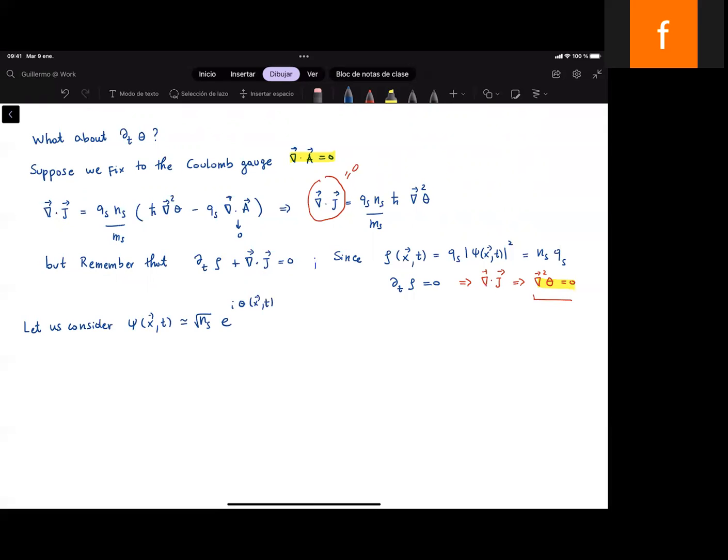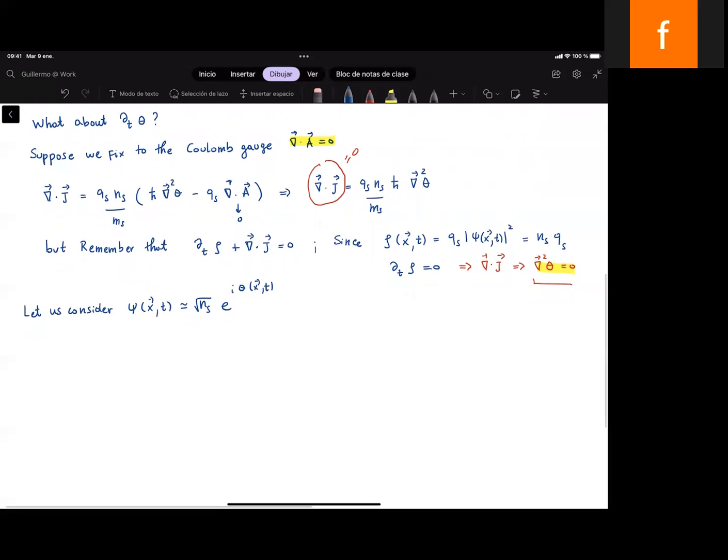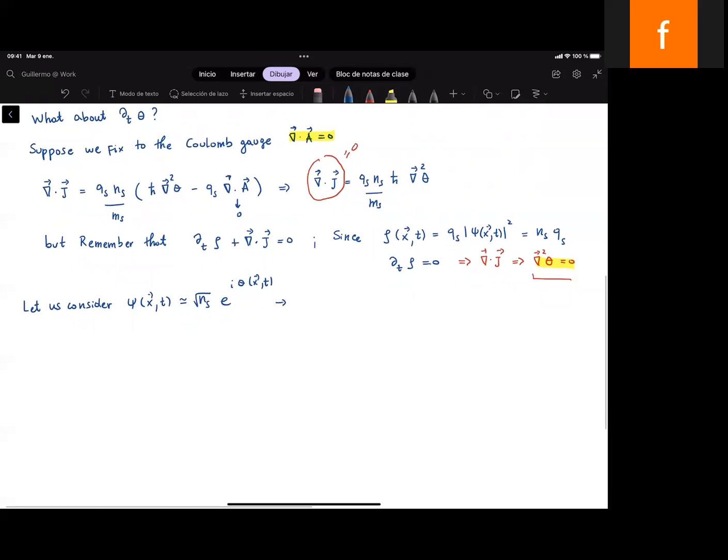And then we replace this form into the Schrödinger equation. We have to replace this into the Schrödinger equation.